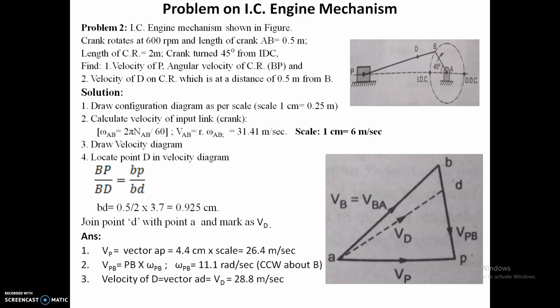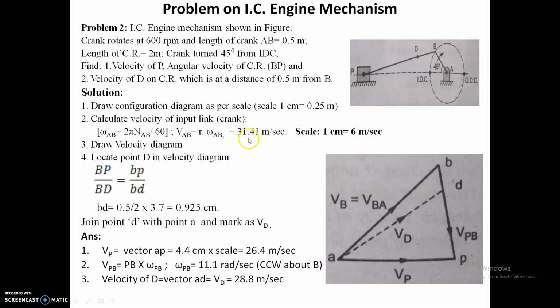Here I have taken the velocity of the crank perpendicular, as given, clockwise. Based on the clockwise direction, I have taken the length small ab of a particular length in this particular way, based on the direction of rotation. How much length have I taken? It is the velocity of the crank that we have already determined, divided by the scale of 6 meter per second.